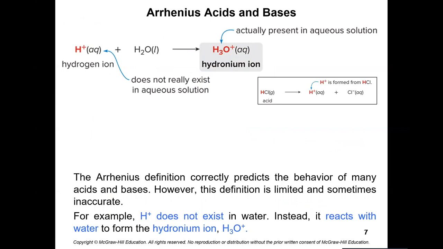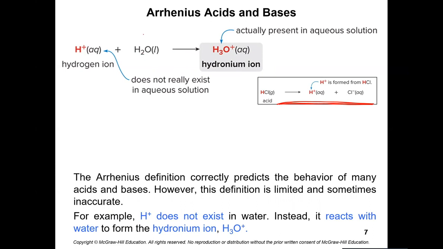I will be using the term hydronium ion in this lesson. Down here, I'm showing you the equation from the previous slide, where HCl dissociates into H+ and Cl- ion. But in reality, H+ does not exist. What H+ does is it reacts with H2O to form H3O+.